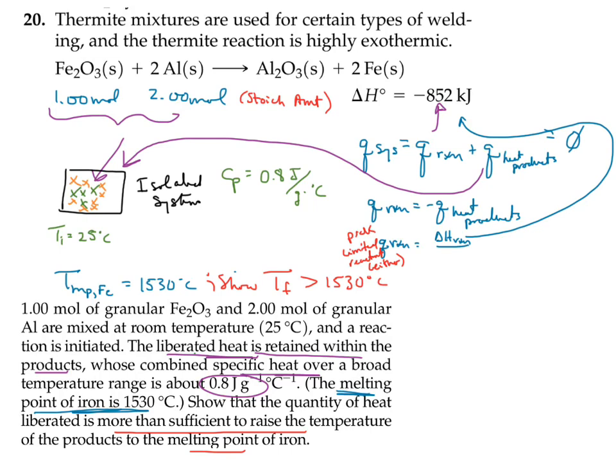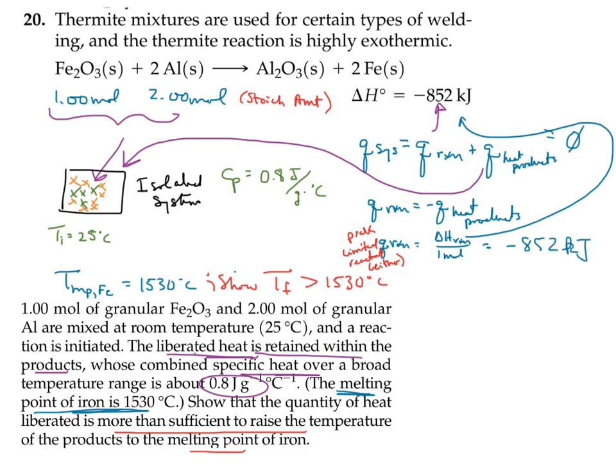My hint here was that you can use either your 1 mole of Fe2O3 or 2 moles of aluminum and get the energy released. Whichever way you look at it, it's negative 852 kilojoules of energy, bottom line.